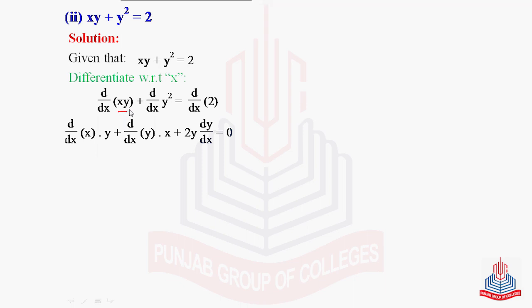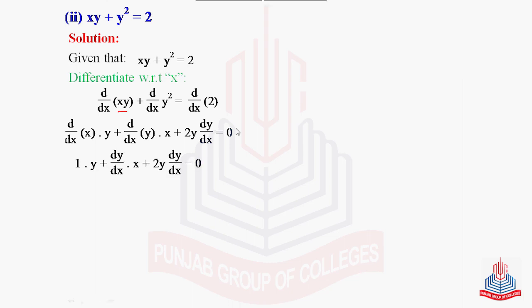So derivative first applies on x and y will be as it is, plus derivative will apply on y and x will be as it is, plus then we apply derivative on y square. Using our power theorem, this will become 2y to the power 2 minus 1, and then derivative will apply on the inner function, which is y, so that will become dy by dx, and on the right hand side derivative of a constant function will become 0.